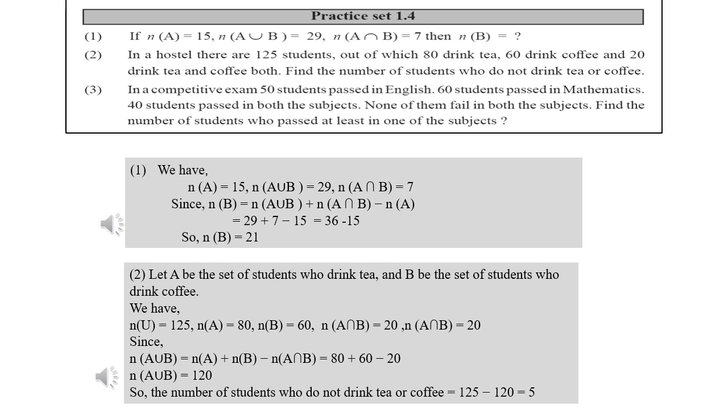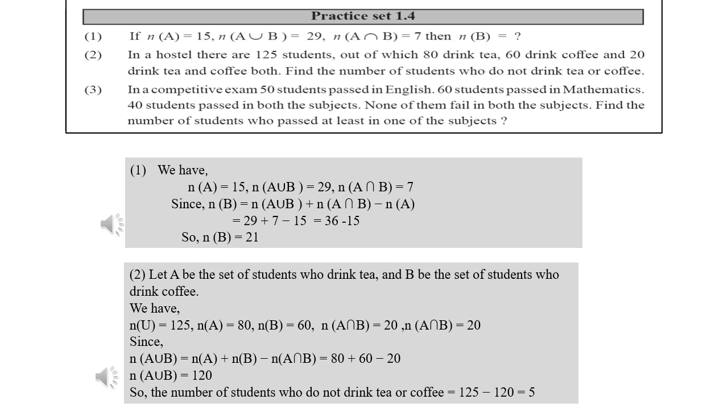So the union of sets A and B means the number of students who drink tea or coffee, any one of them, is 120. But now I have to find out the number of students who do not drink tea or coffee. So 125, which is my universal set, minus 120, which is equal to 5. This is the number of students who do not drink tea or coffee.